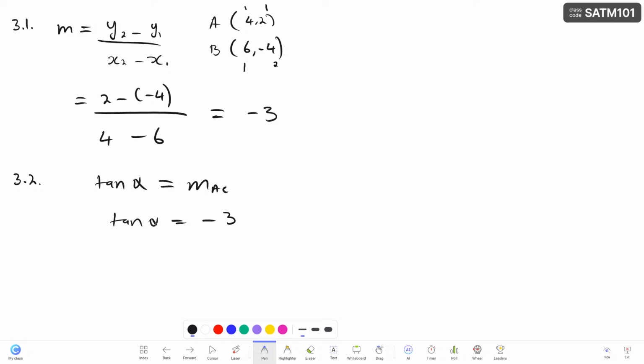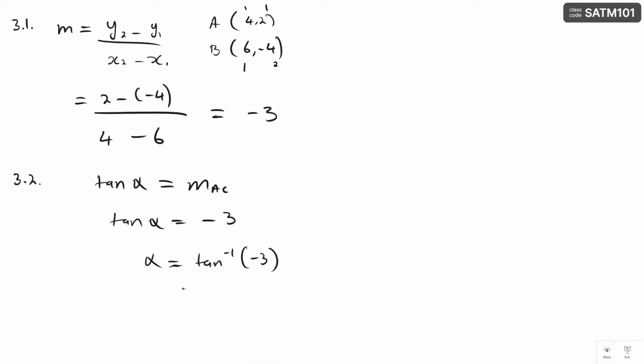So alpha is going to be equal to tan second function -3, which gives us -71.565.